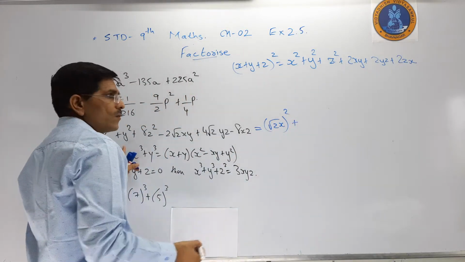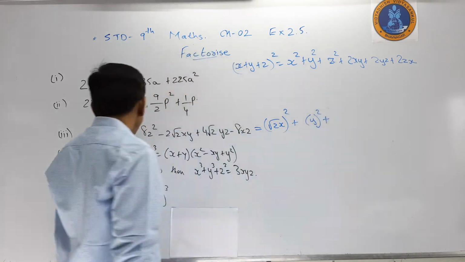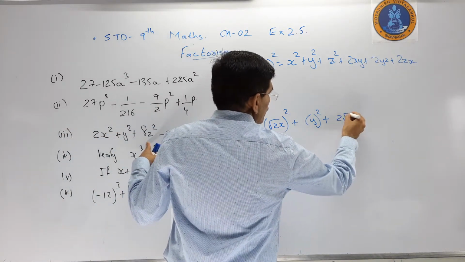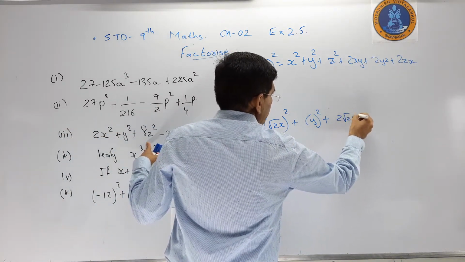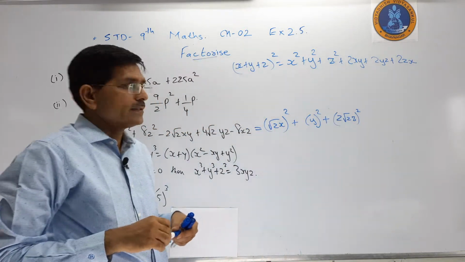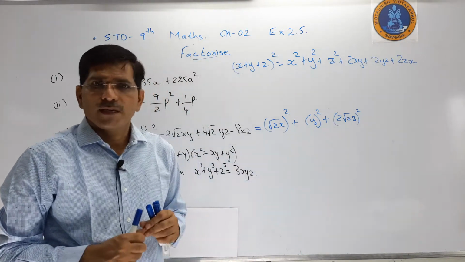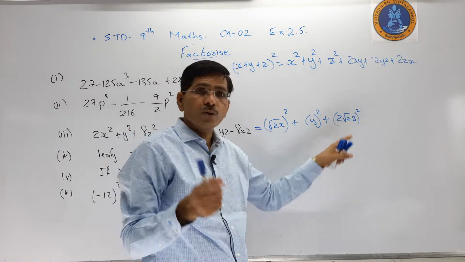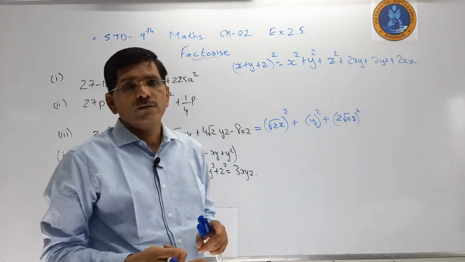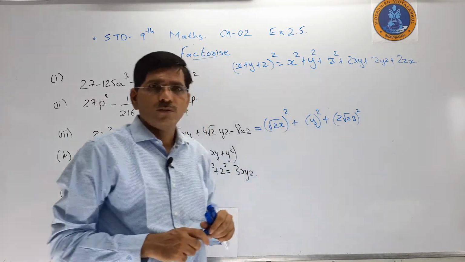Second term is y, so I write y whole to square. Third term is 8z square, so again I have to write 2 root 2 z whole to square. Why am I writing like that? 2 square is 4, root 2 square is 2, so 4 into 2 is 8. That is why 2 root 2 whole to square.